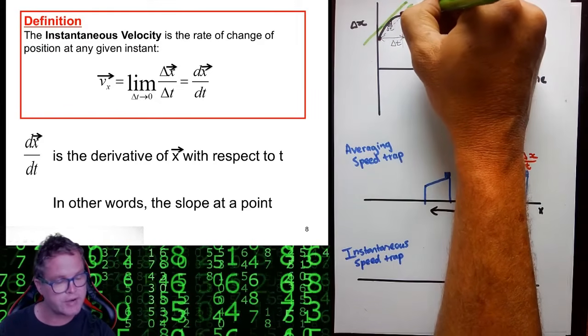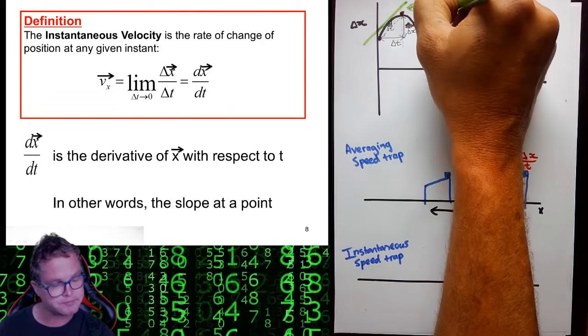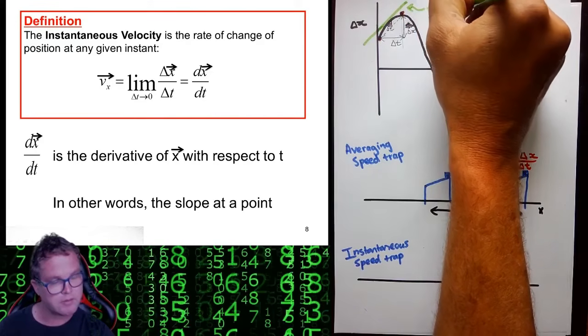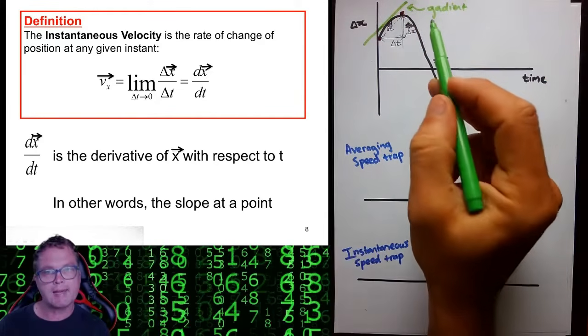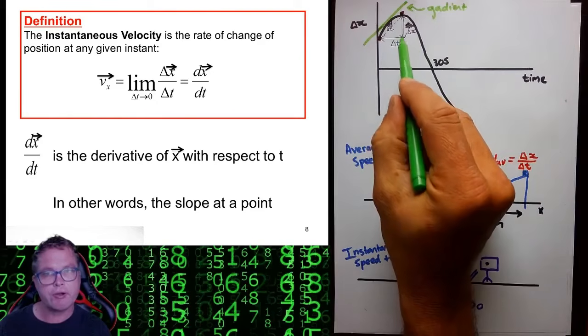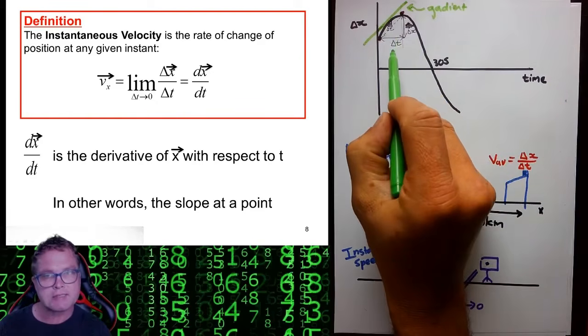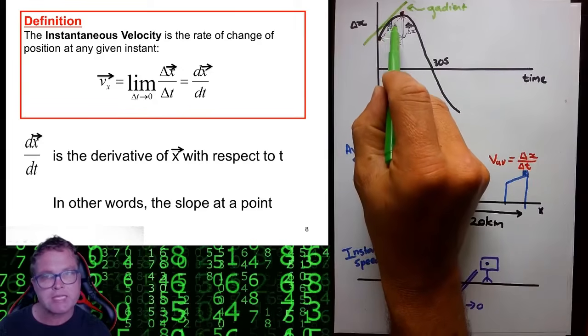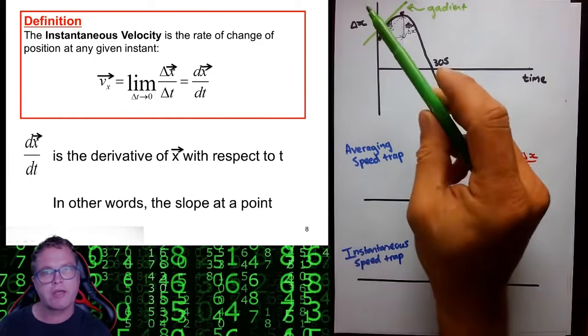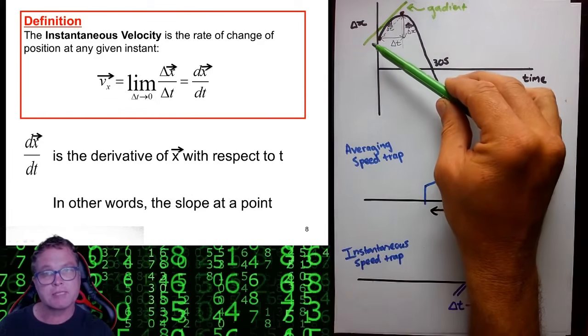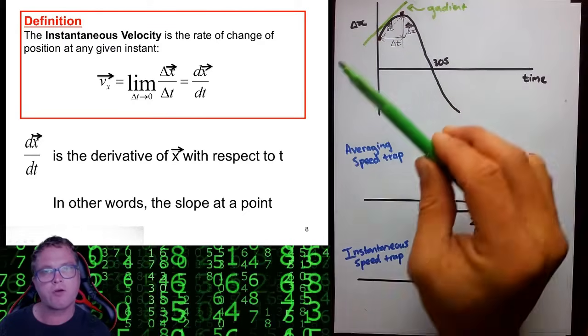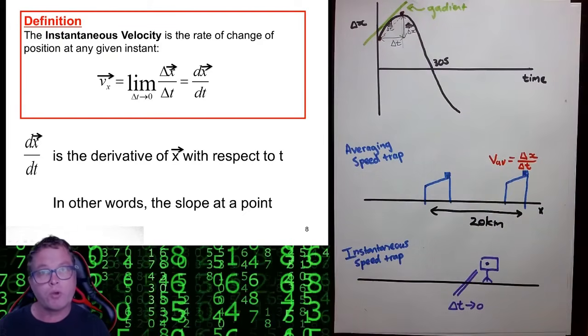So this is the gradient. By limiting delta t to 0, as delta t approaches 0, we have a very small triangle that we're working with. As a result of this triangle, we're working with the gradient of the graph. And we know whenever we work with the gradient of the graph, we can find that by differentiating.